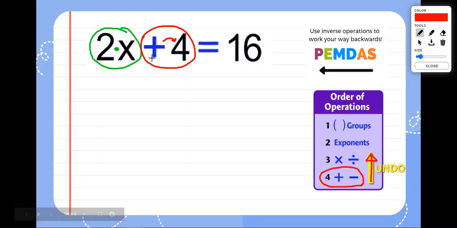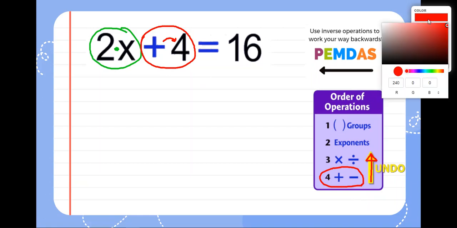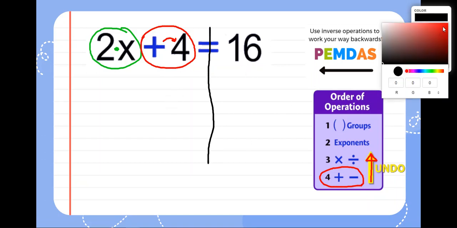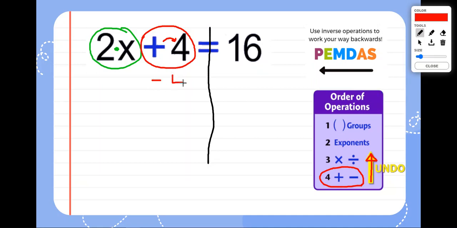So I'm going to start by undoing this plus 4. It's also always a really good idea to draw a line through your equation so you can easily recognize the left and right sides. So the opposite of plus 4 is minus 4. So we subtract 4. And if I do it to one side, I have to do it on both sides in order to keep it balanced. The plus 4 and minus 4 make 0.